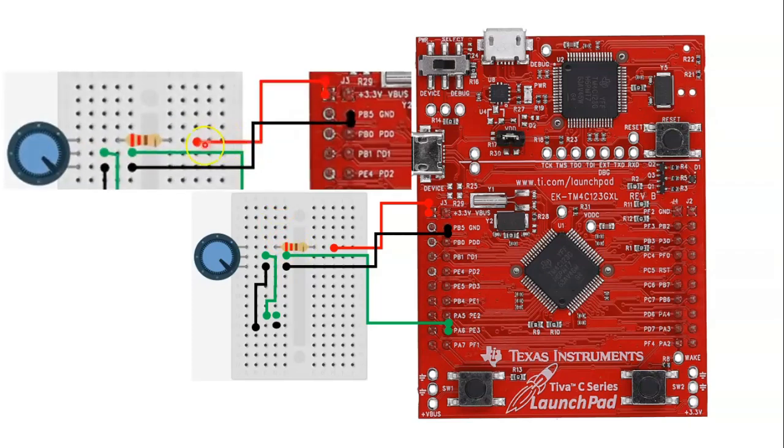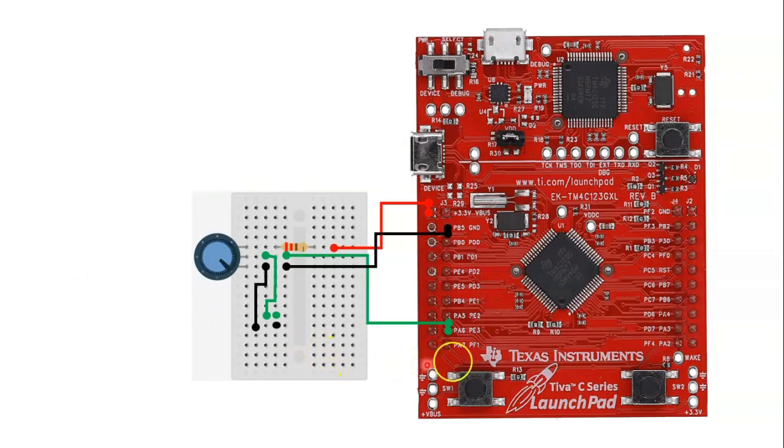Now I have one end of the 220 ohm resistor connected to one of the terminal pins of the 1K trimmer potentiometer, and the other end of the 220 ohm resistor I connected to the 3.3 volts pin of the LaunchPad board.